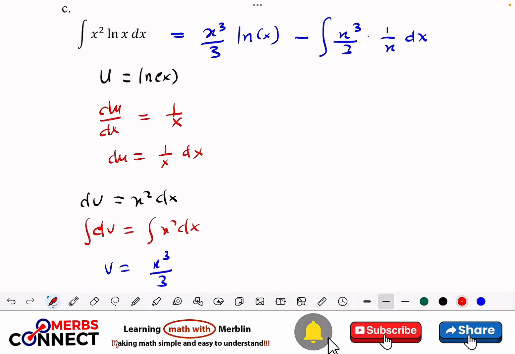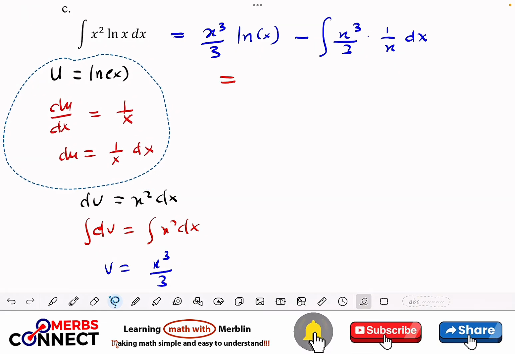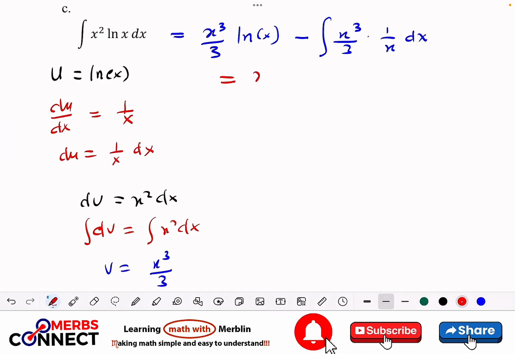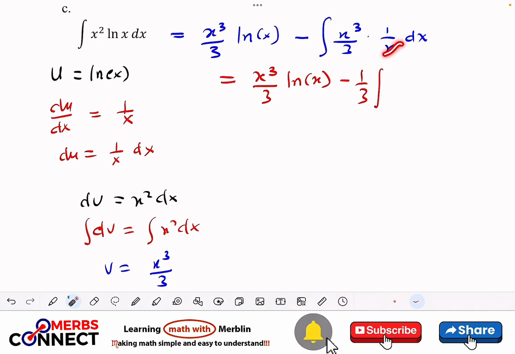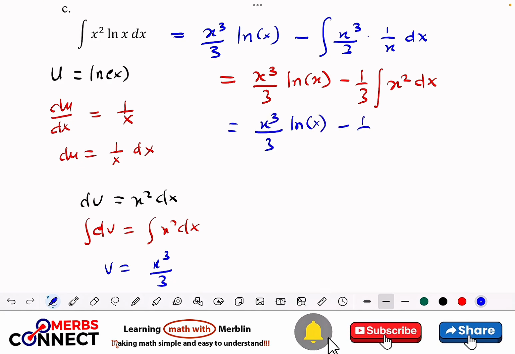Good. So now this will be equal to x cubed over 3 ln x minus, I can factor 1 over 3 out, and here one of the x will cancel one of the x here, so this one will be left with x squared dx, and this is minus 1 over 3.